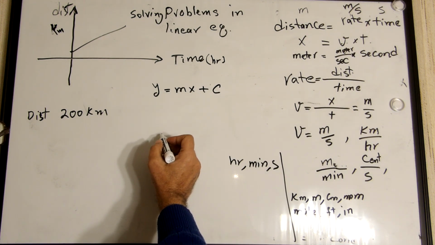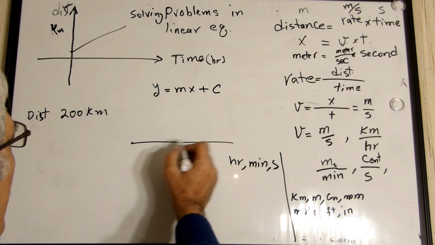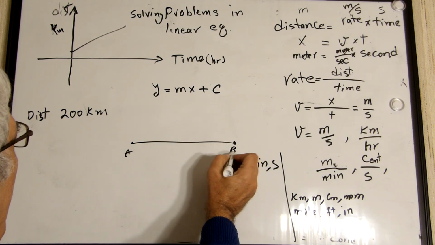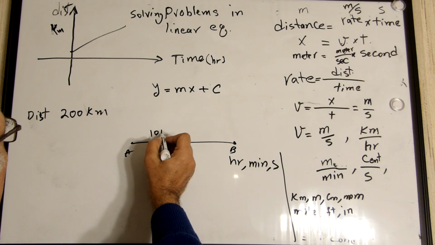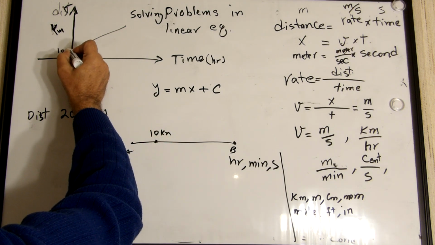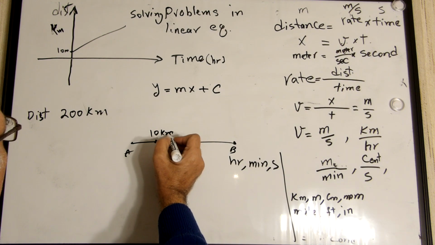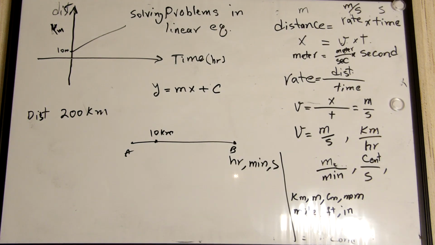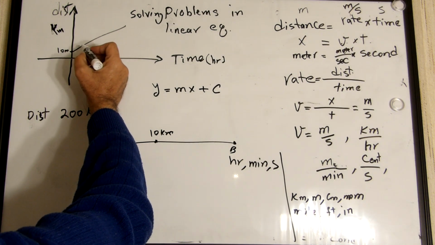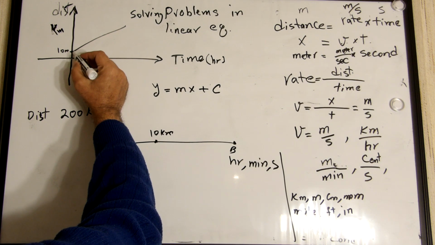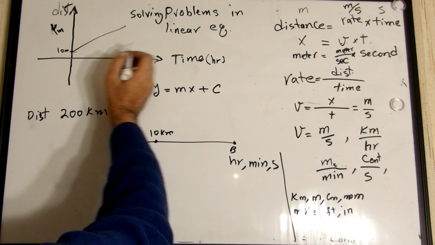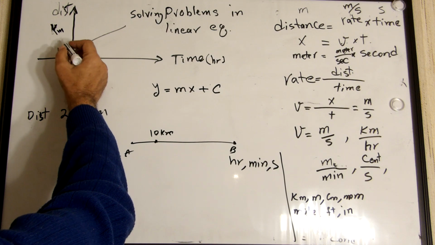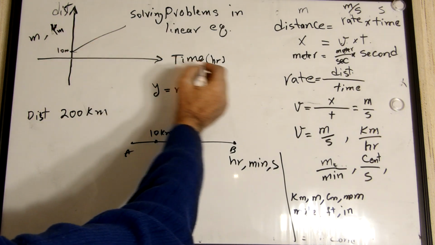Somebody is going to start driving, and from A to B it has already gone 10 kilometers. So this is 10, actually y0 or constant. And then with some rate, the slope of this one shows the kilometer per hour, or could be meter per second.